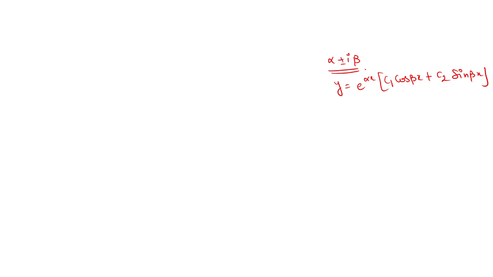Now we will first see the question in which we will get a complex root. Suppose the equation is d²y/dx² + 2 dy/dx + 4y = 0. First, we will write this equation in symbolic form.